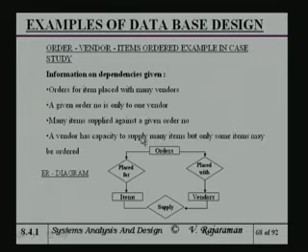A vendor is capable of supplying many items, but only some items may be ordered from him. So the general ER diagram is: orders placed with vendors, orders placed for items, and vendors supply items.